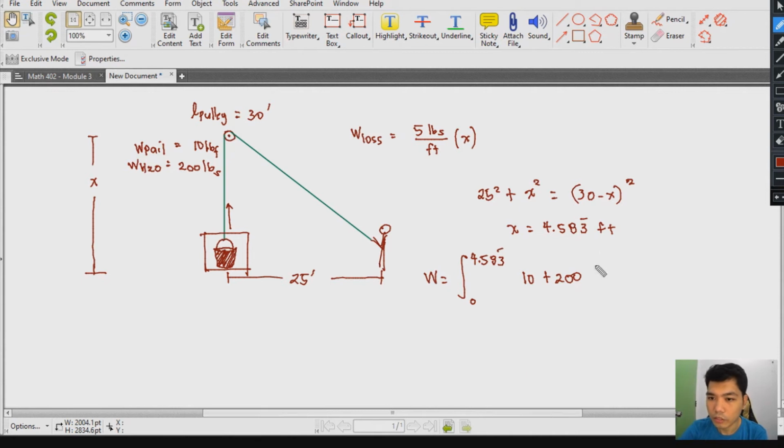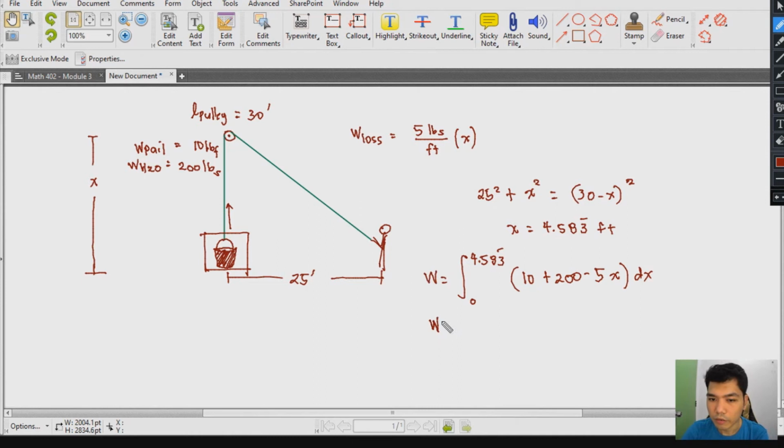So that's just minus 5x, okay, and then you incorporate this dx. So this is actually your variable force, and this 10 plus 200, that's actually the fixed force, ganon. So we're concerned with all the force that we need.